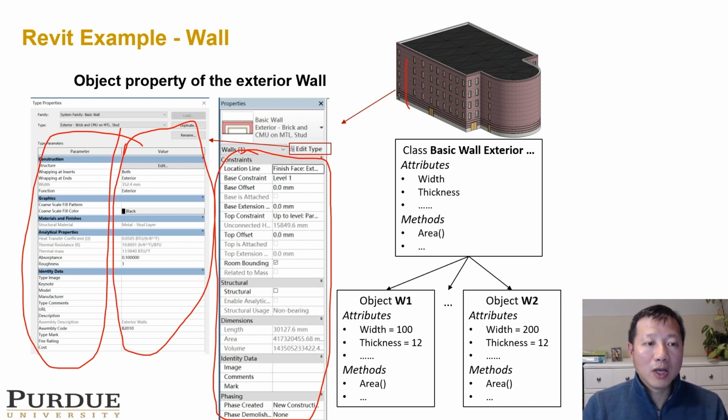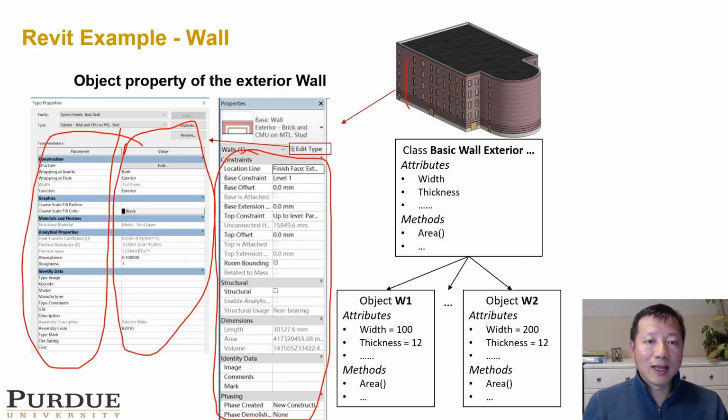For example, if you change the structure right here by clicking this editing window and bring up the structural editing tool and change the wall structure, the same change will be applied to all the exterior walls that are of this type in your Revit project.